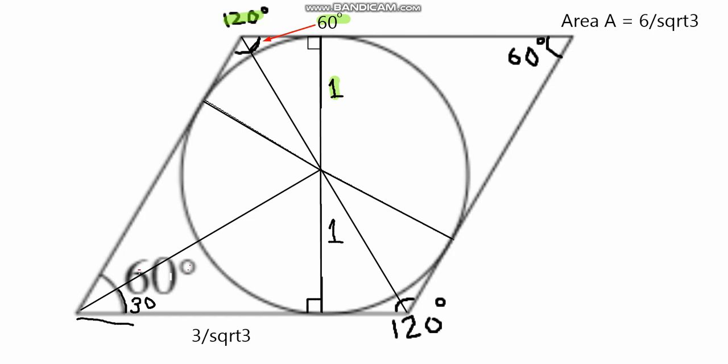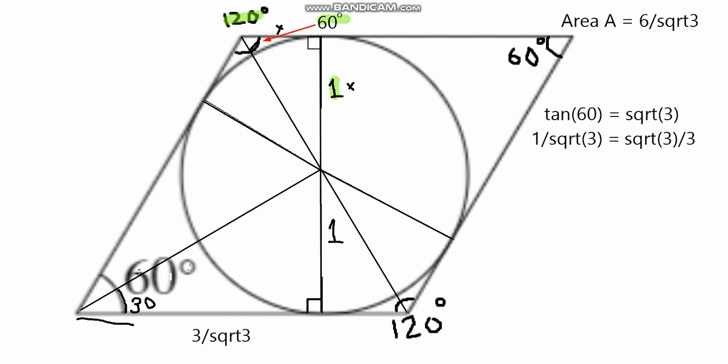Once again, as this length here is the opposite side, we're working out the adjacent side, which is this length here. We're using the same tan rule. Remember that in order to find the adjacent, we divide the opposite side by the tan of the angle. Tan of 60 is equal to the square root of 3.